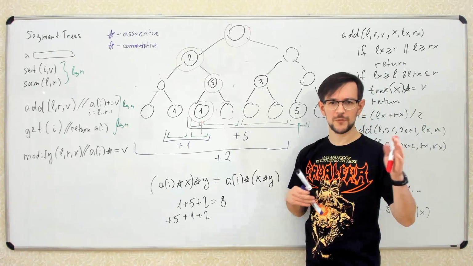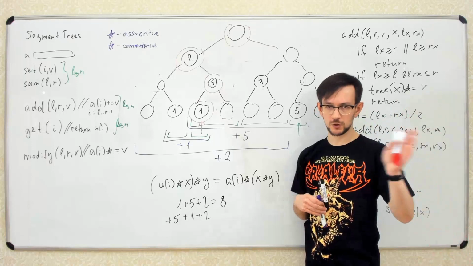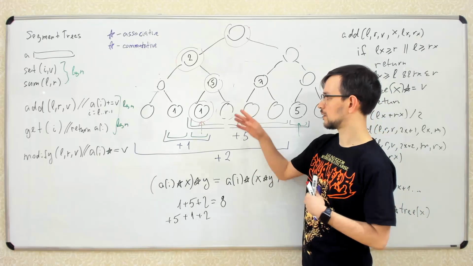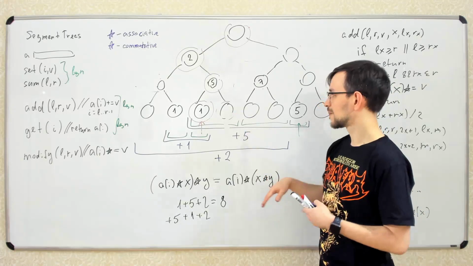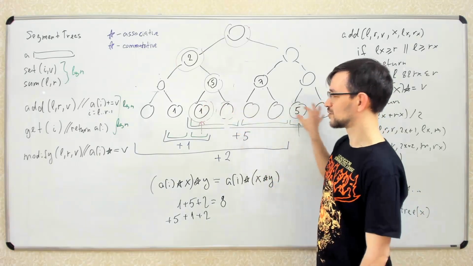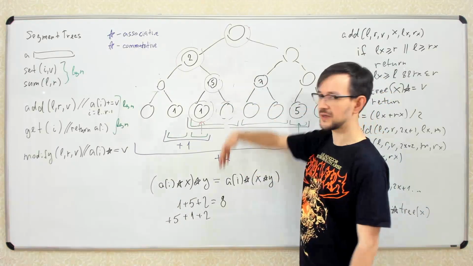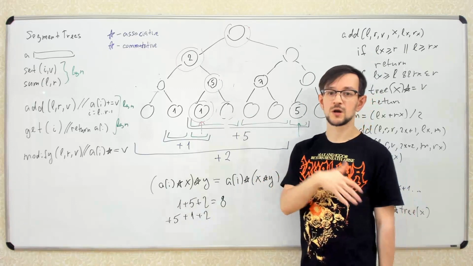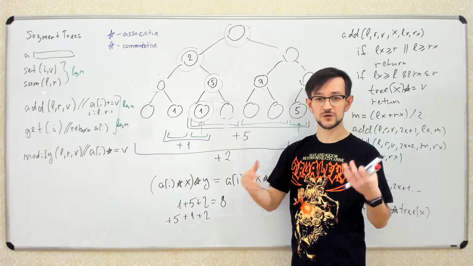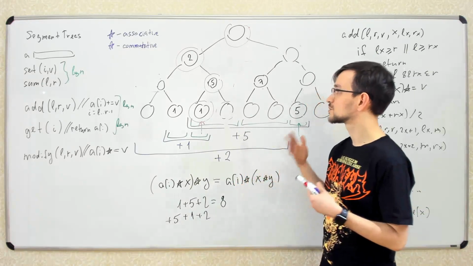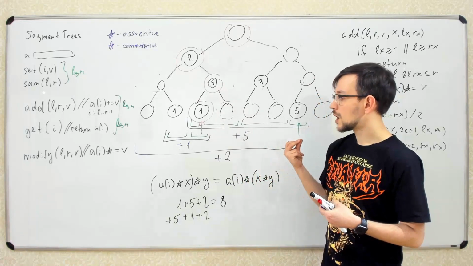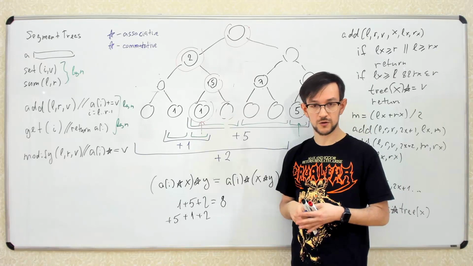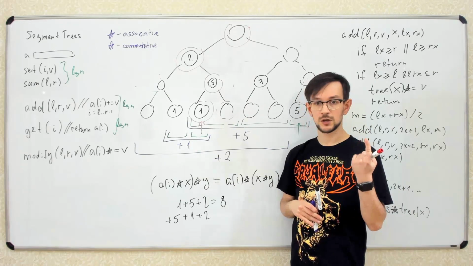There are a lot of operations which are associative but not commutative. For example, if you have matrices in all these elements and you want to multiply the elements by some matrix, then the multiplication of matrices is not commutative, so it's not working.